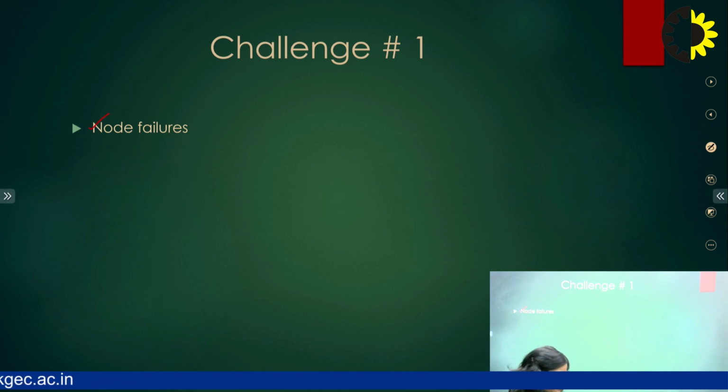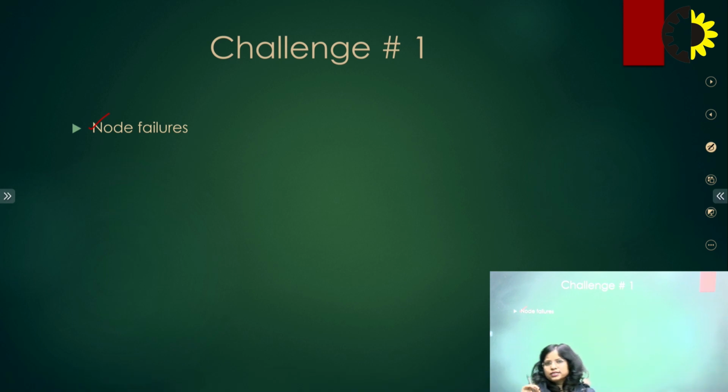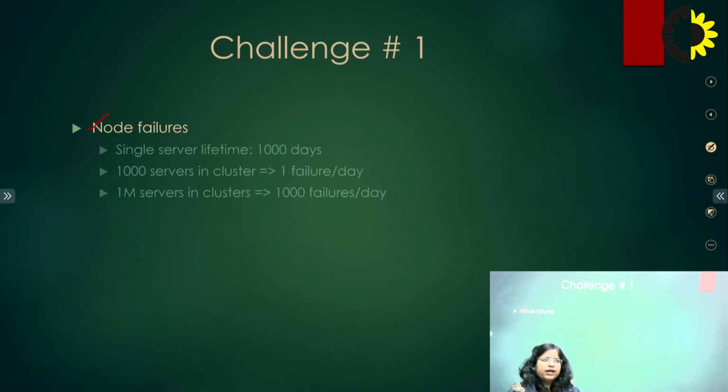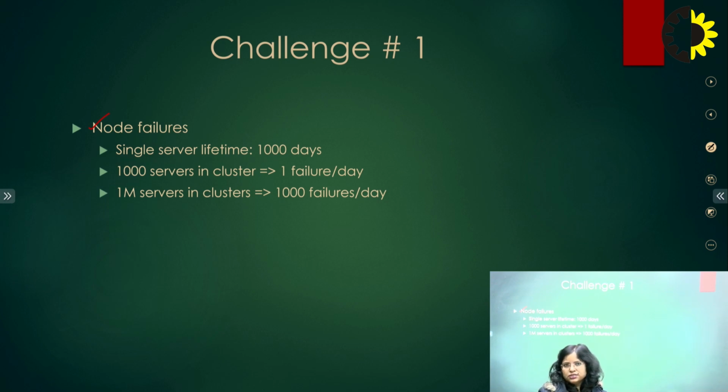Node is a term used to express one machine. So node failure: we are storing the data in machines, and we consider these machines as servers.